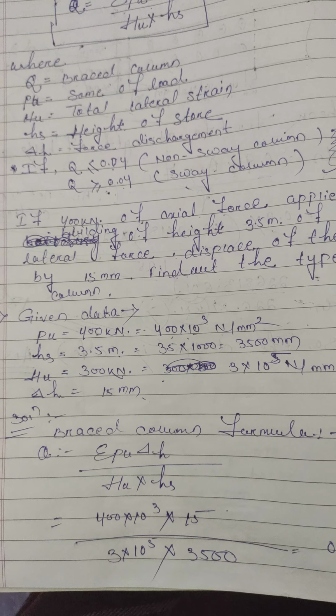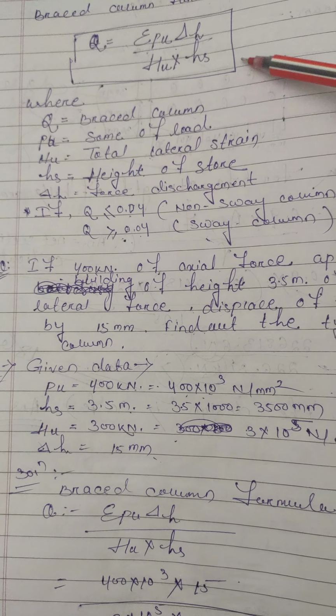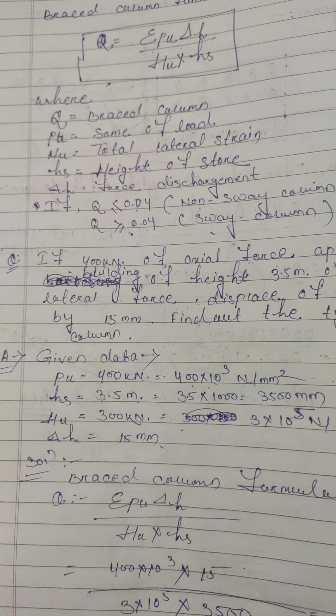So the solution: the stability index formula is Q equals summation of PU del H divided by HU and HS.